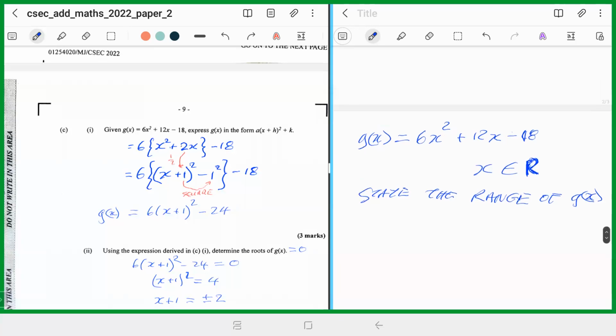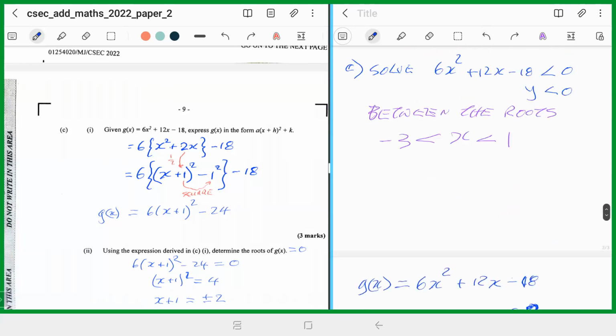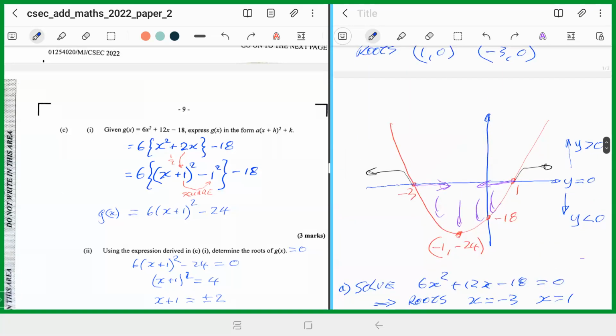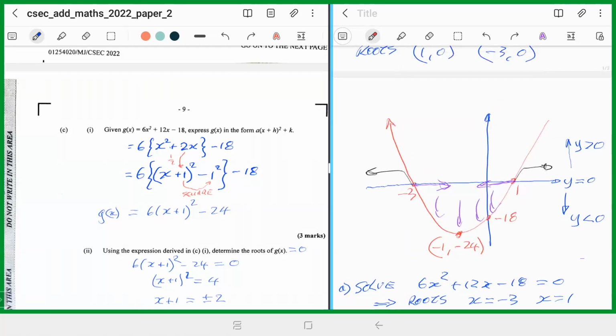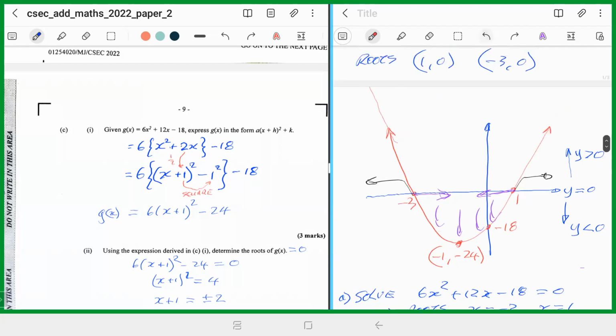When this is the domain, it means it's accepting all values of x from negative infinity to positive infinity. So if I'm sketching my function on this domain, I would put an arrow on the top of this one and an arrow on top of that one to show that it goes all the way. There are no restrictions on it.